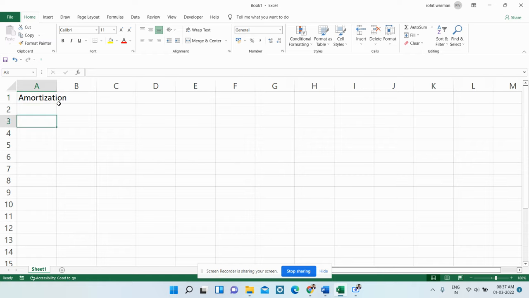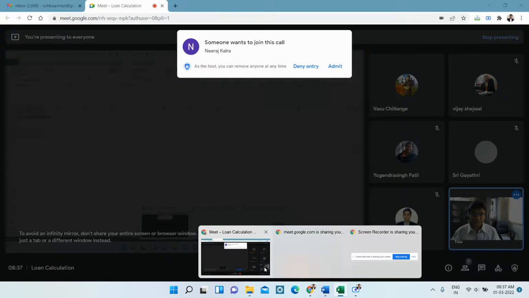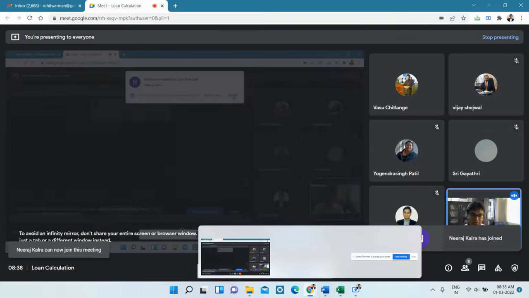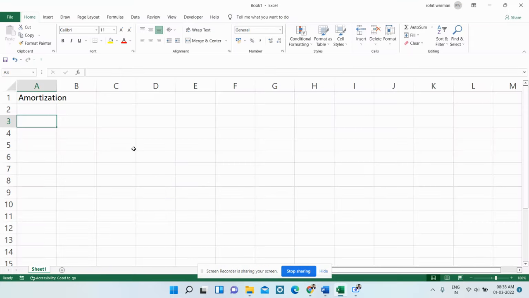Another thing is, if you have taken a loan, then your tax consultant, or if you are working as a financial advisor, you always ask for the loan statement. If you see the headings of a loan statement, you will find headings like the month.